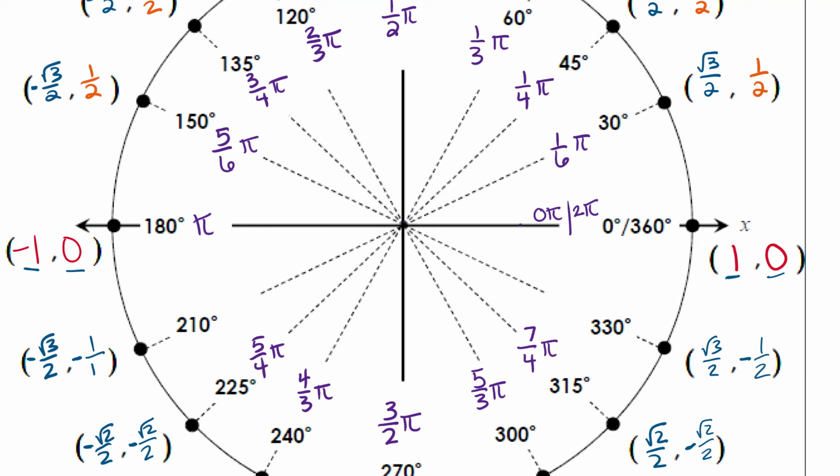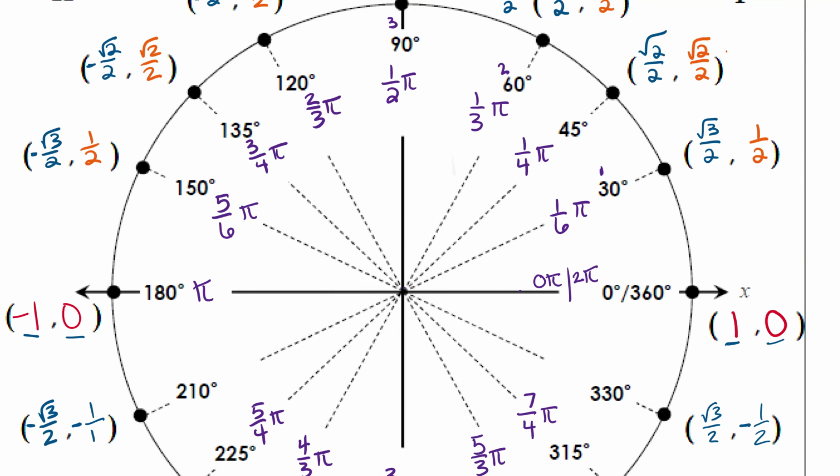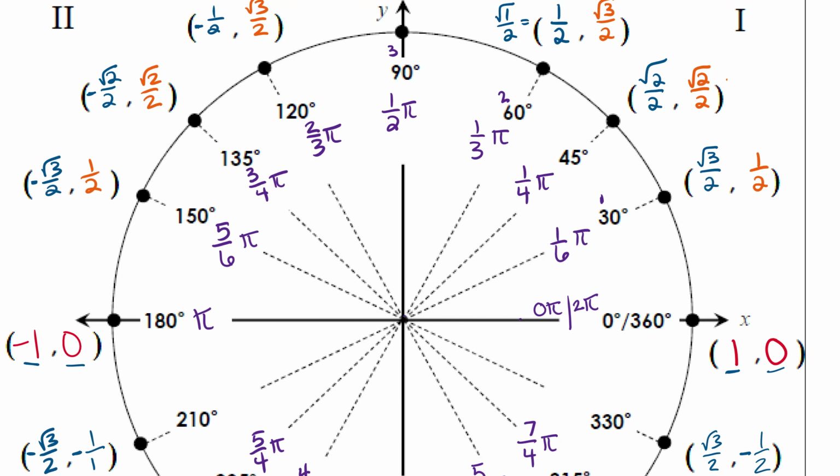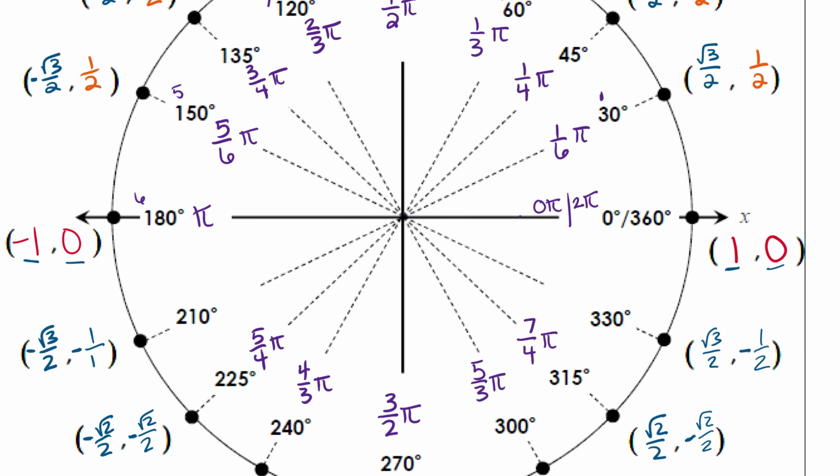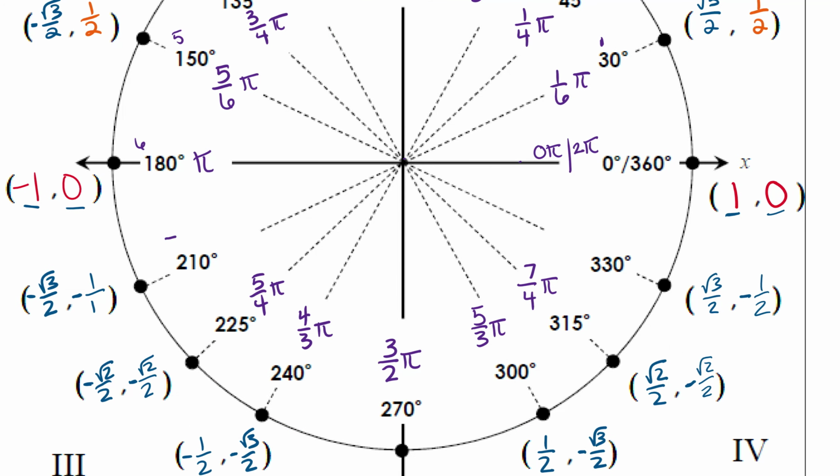Okay, last one is 6. Again, if you like to do the by 30, we have 1, so 3 times 1, which is 1/6, 2, this is 3, which I still have there, 4, 5, 6. Now we go down here, 7, that's 7 threes, so 7/6 pi.